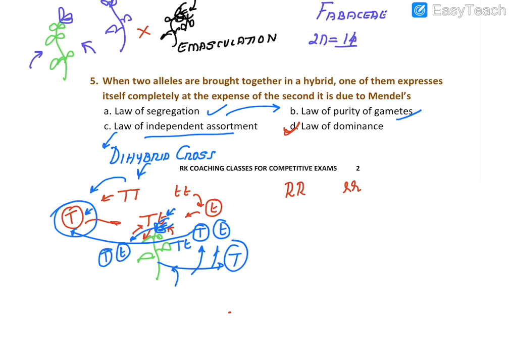Then the law of segregation as well as law of dominance, these two are based on monohybrid cross, single gene inheritance. So the right answer will be D.